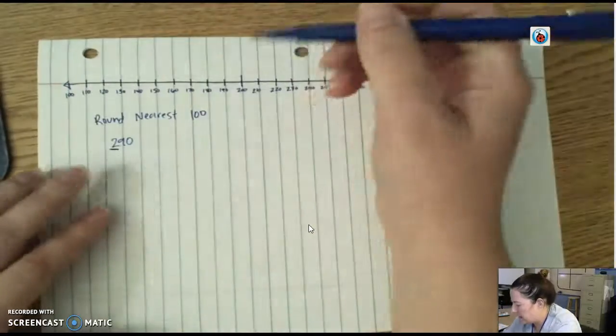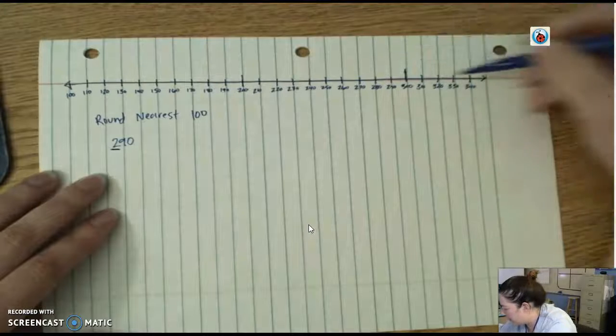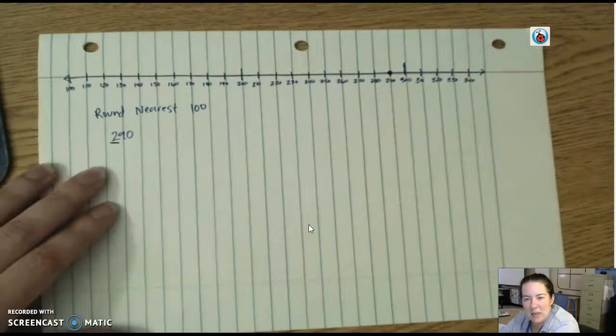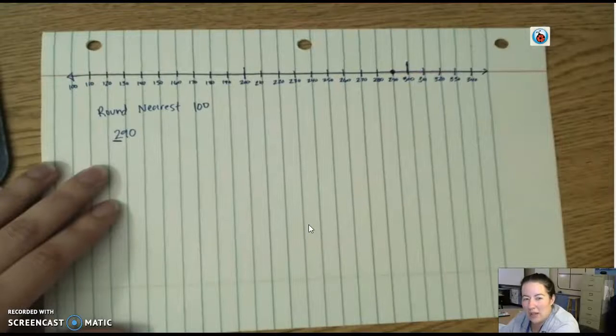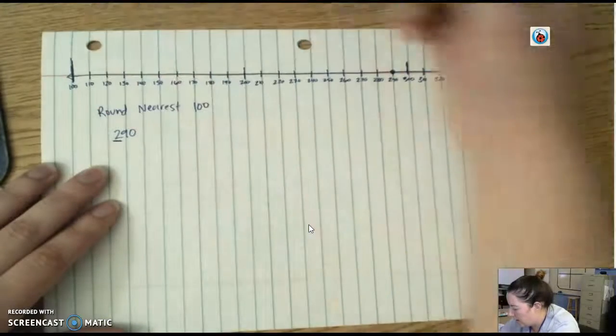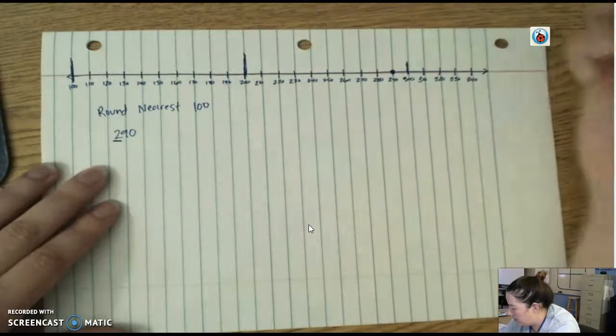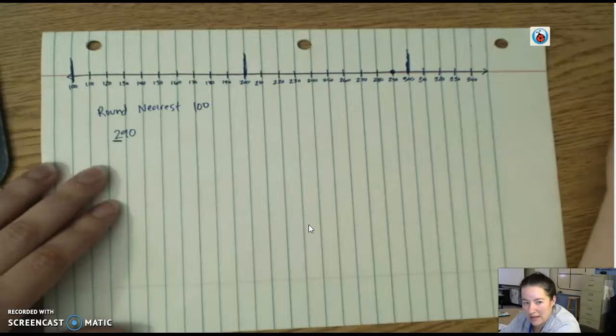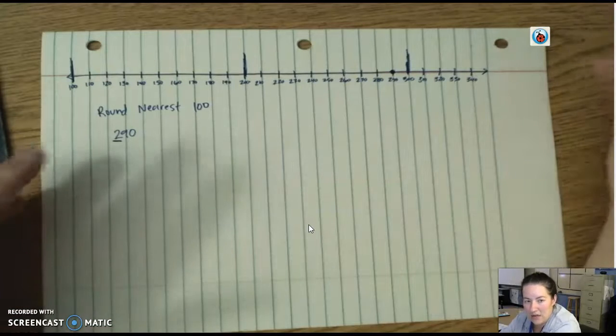Well, let's find it on our number line, right? Where's 290? It's right here. So here's 290, and I'm trying to see what is the closest 100 it's next to. So I'm going to mark them. So here's 100, here's 200, here's 300. Now what's the closest one that it is, what's the nearest one?